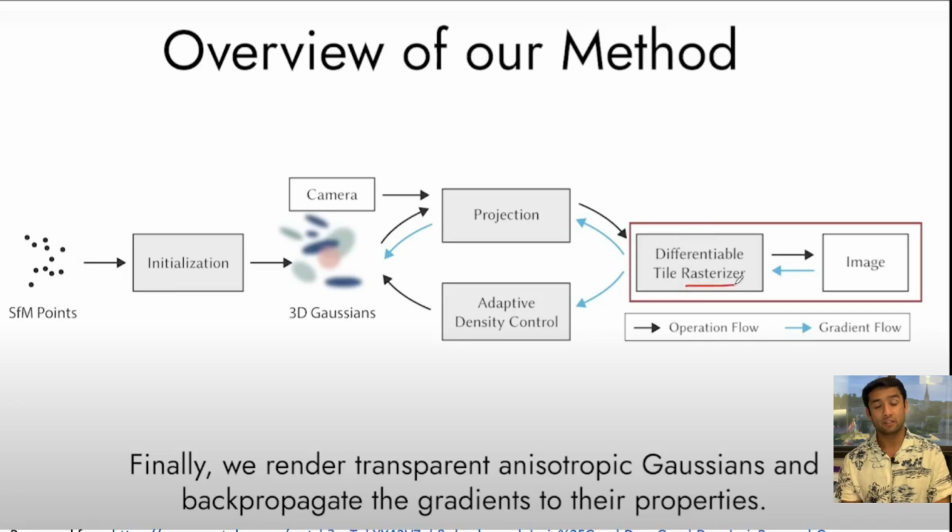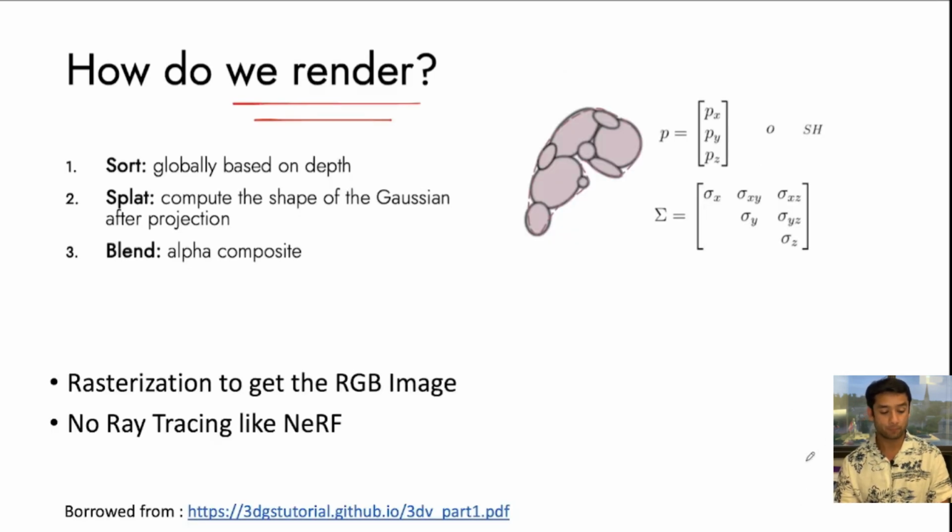In NeRF, if you remember, there used to be this camera, and you would shoot out a ray from the camera, and then sample points along that ray to get the RGB pixel for that particular ray. In Gaussian splatting, it's a little different. You have the camera and a bunch of Gaussians. There's no ray casting involved.